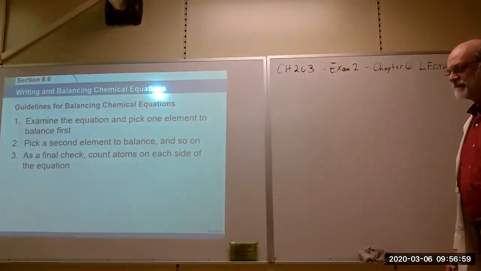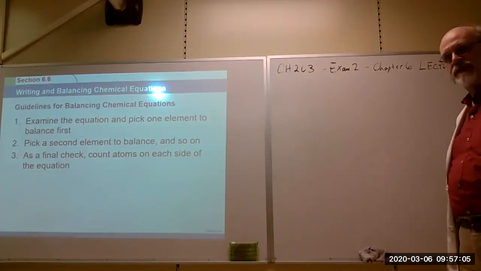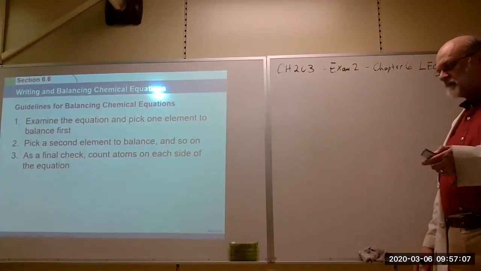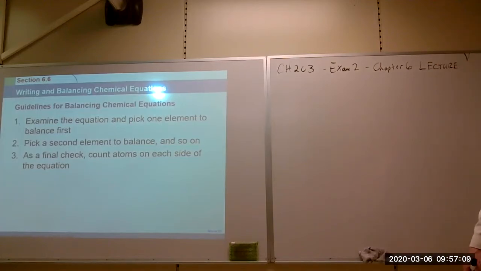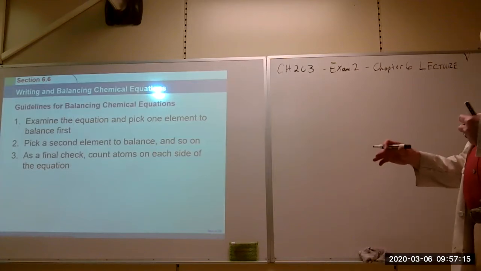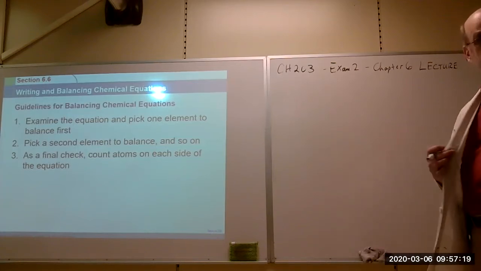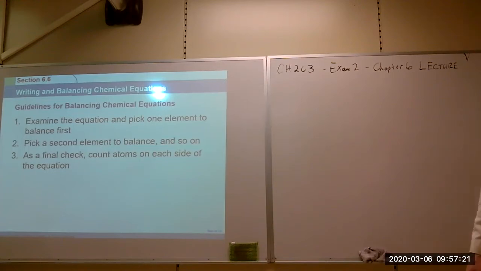Or if they're slightly honest, they'll try to give you some helpful hints. But balanced by inspection, in my estimation, is a cop-out. You need some rules, a methodical approach to balancing equations, and that's what I'm going to give you.